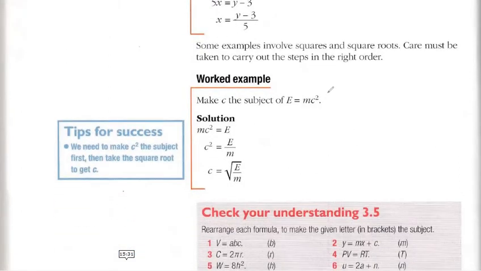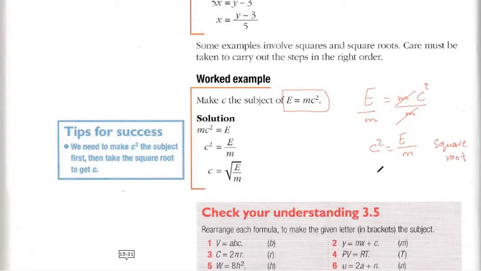Now in this formula, make c the subject. E equals mc squared. First, divide both sides by m. So c squared equals e over m. To get c, we take the square root of both sides.